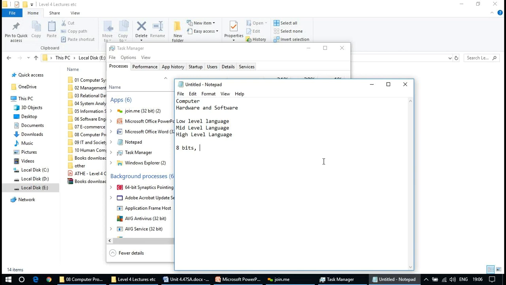So literally 1 bit can hold 2 values, either 0 or 1. If it is 2 bits, then how many values could be stored in 2 bits?